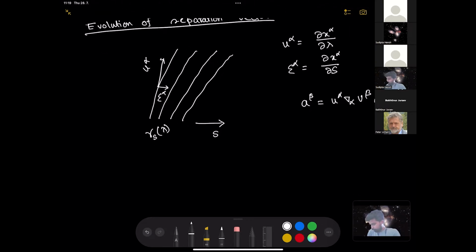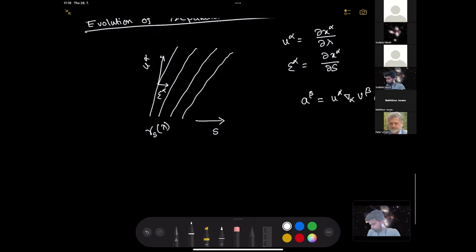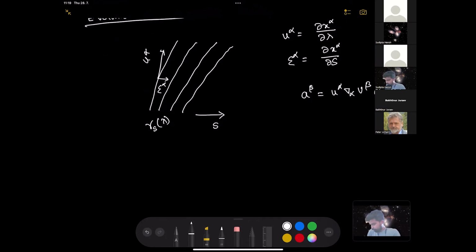So here now we calculate a few other things. Basically we can see that this separation vector, this xi alpha, is telling us how the distance between two adjacent curves is changing as we propagate through the curves.